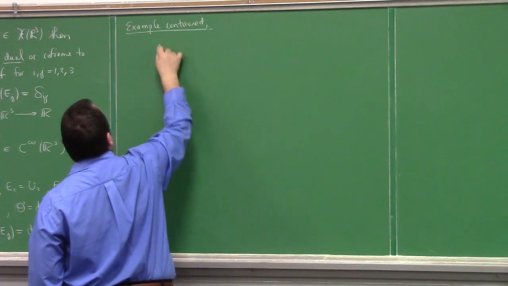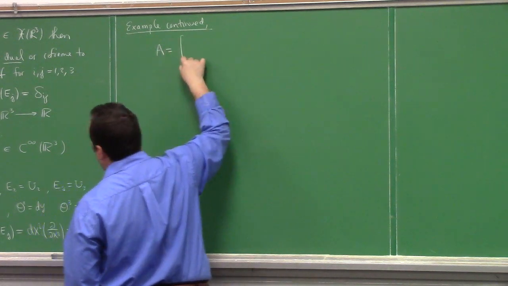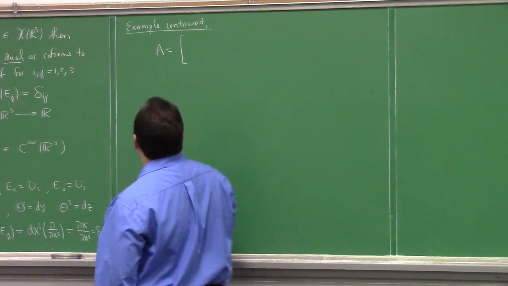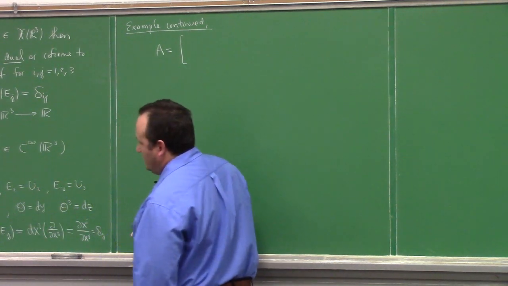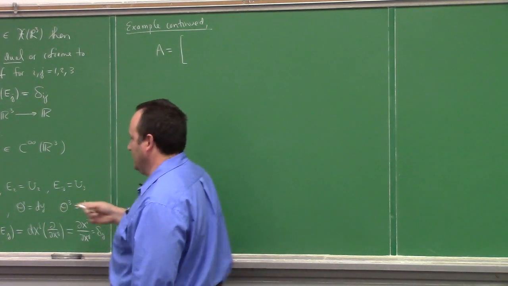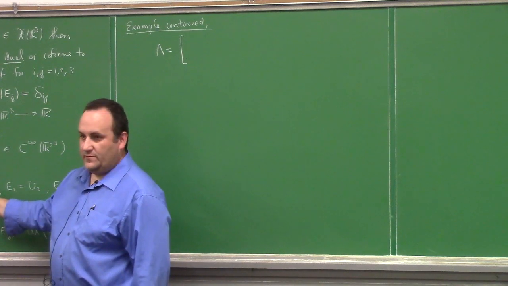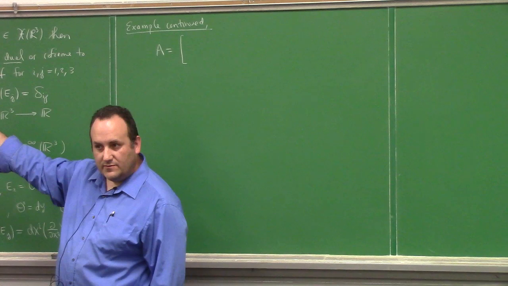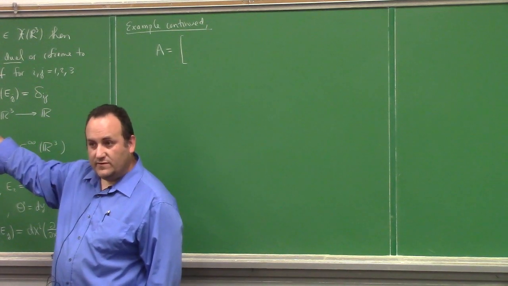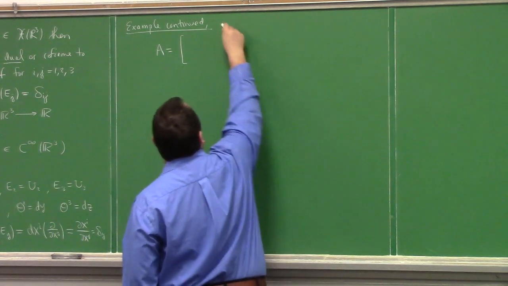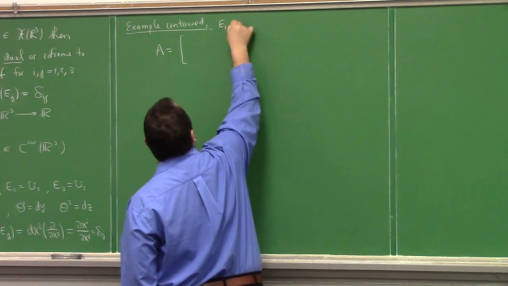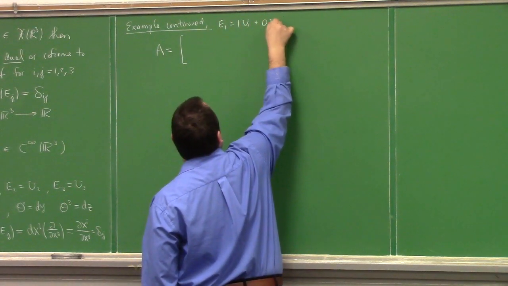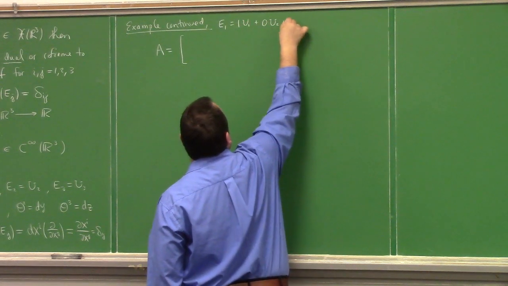Example continued. The attitude matrix is, well, E1 is what? It's U1, right? So E1 is 1 U1 plus 0 U2, plus 0 U3.